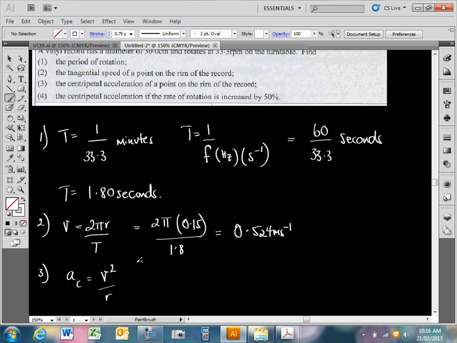Our radius, we know that too now. 0.524 squared divided by 0.15 meters gives 1.83 meters per second squared, because it's an acceleration. Don't forget those units.